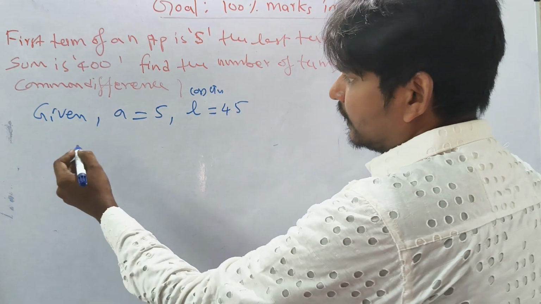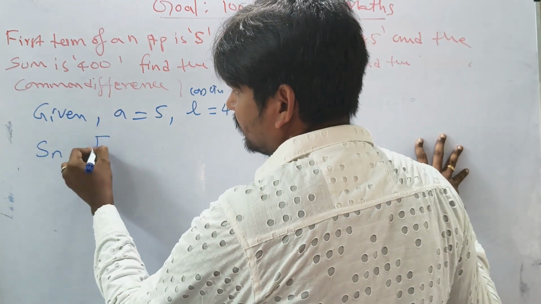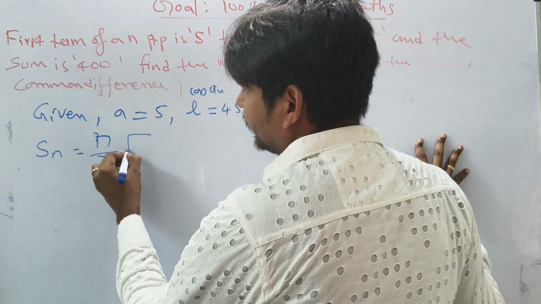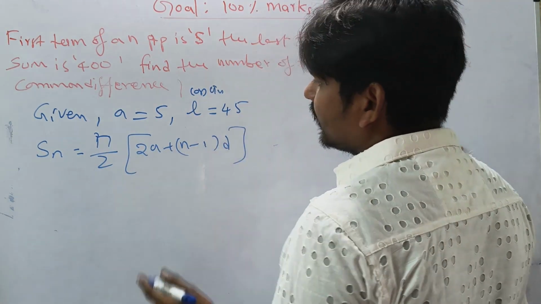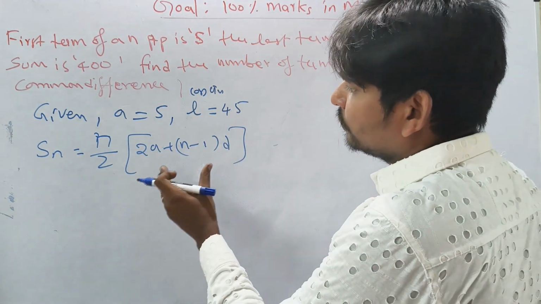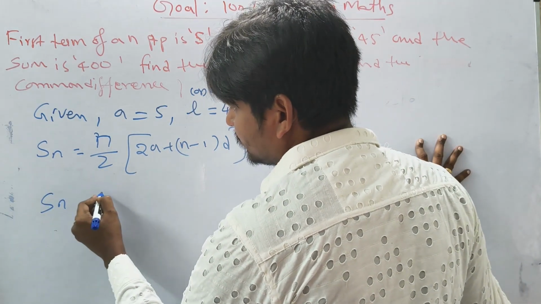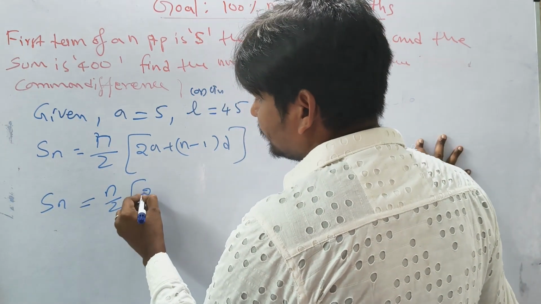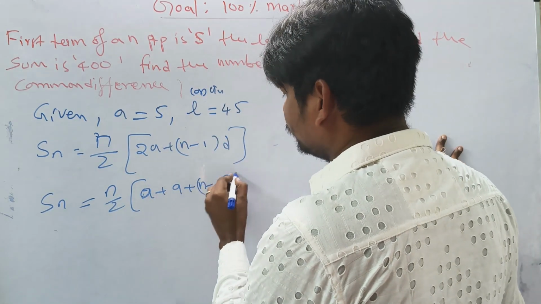Now see, here we know already the sum of the n terms of an AP is equal to n by 2 into 2a plus n minus 1 into d. I have already shown how to write it in a short form, the same formula. So Sn is equal to n by 2 into a plus a plus n minus 1 into d.